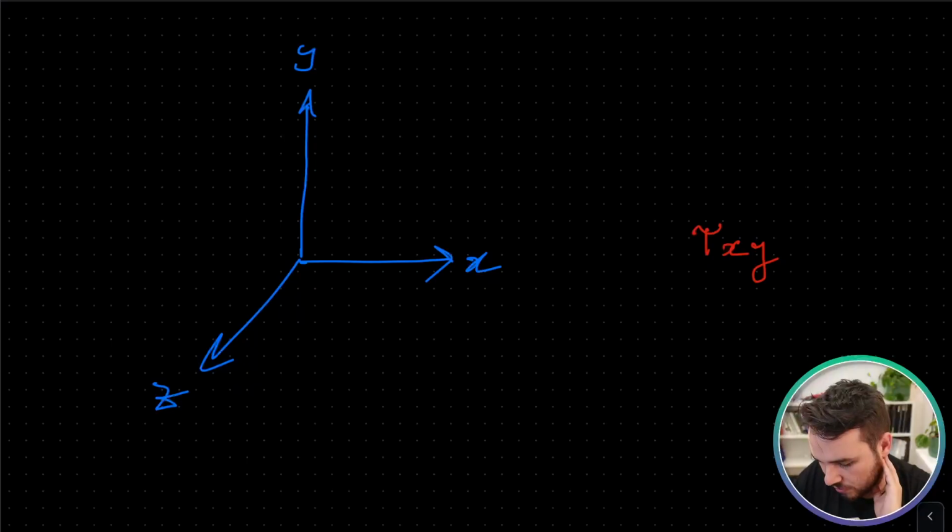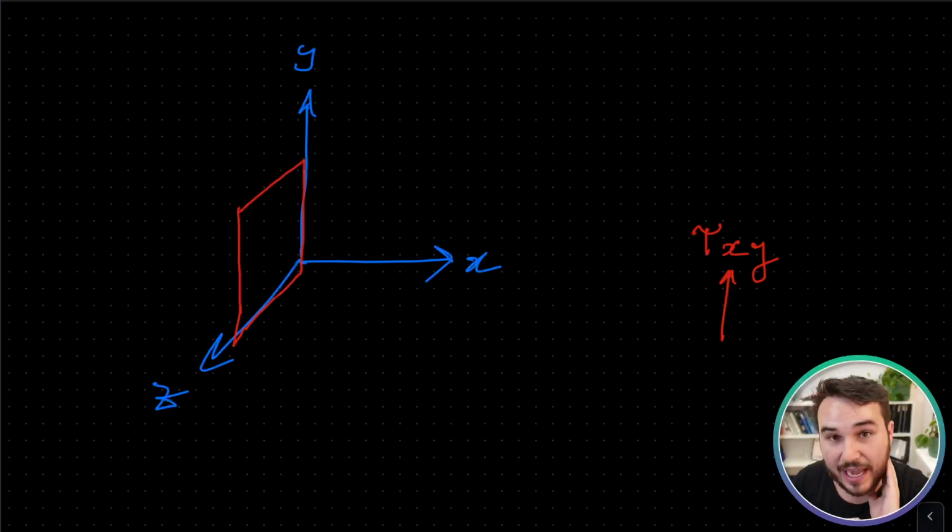And if I was to draw tau xy on here, I need something which is on a plane perpendicular to x. Again, perpendicular to x is going to be the yz plane and in the direction of y. So rather than coming out of the plane, this will be on the plane and it will be pointed up. Now, think for yourself, what if I had tau yx instead?